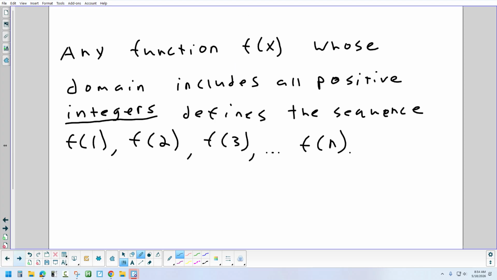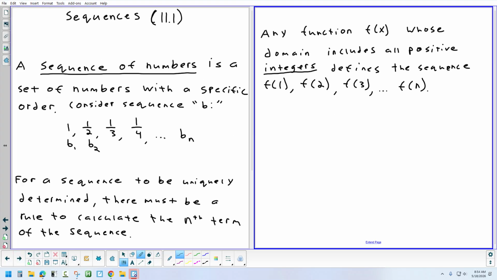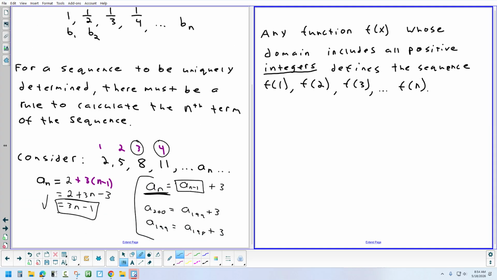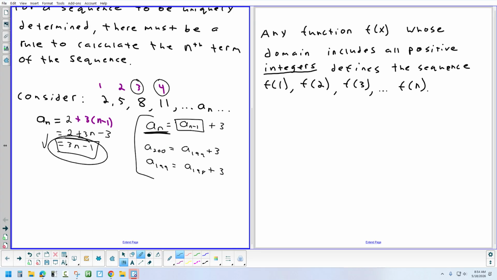So one thing we have to kind of think about is when we're using formulas to describe terms in a sequence, we have to think about what kind of numbers you're allowed to plug in. Okay, if I was going to graph that on the calculator, like y equals 3x minus 1, I could plug in any number I want for the domain. But n here represents a position in a sequence.